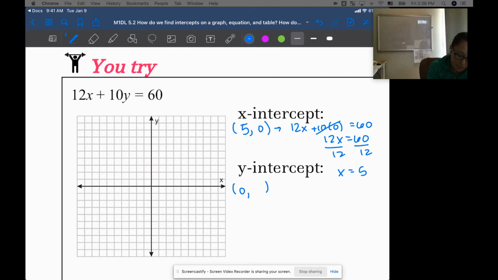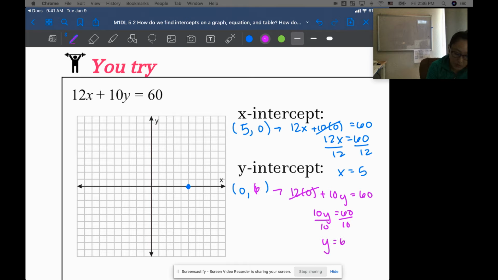So I have an x-intercept at 1, 2, 3, 4, 5, 0, and a y-intercept at 12 times 0 plus 10 times y is equal to 60. 12 times 0 is 0. So I get 10y is equal to 60. Divide by 10. Get y is equal to 6.